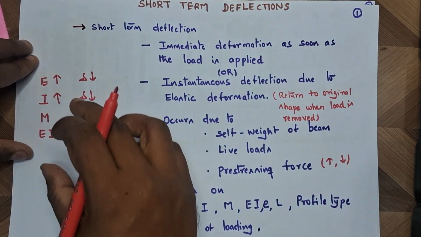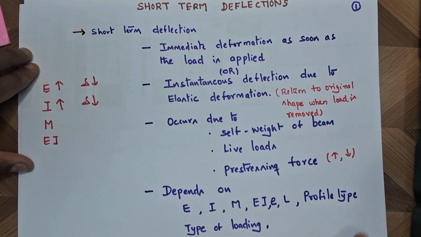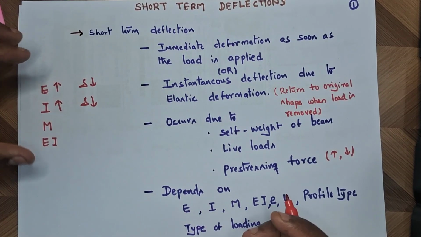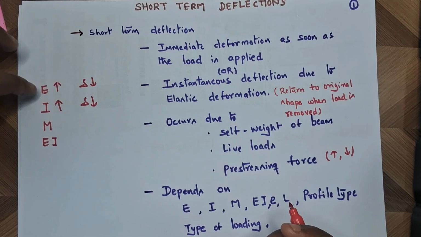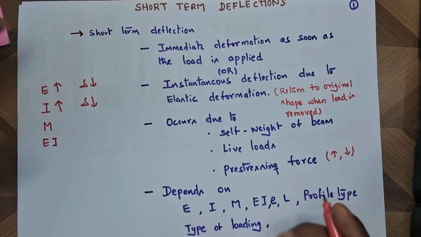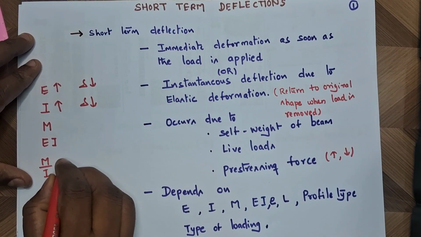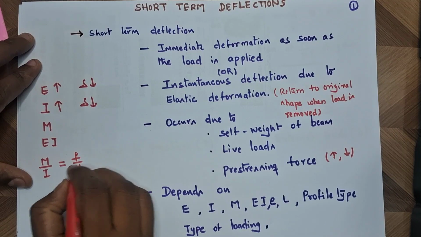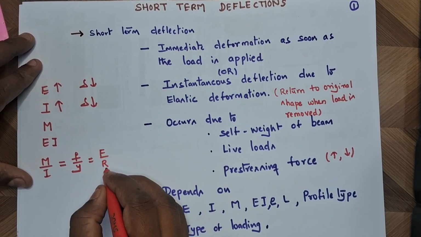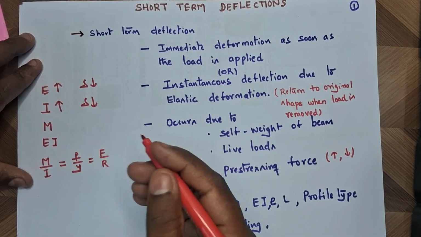Generally, short-term deflection depends on E, I, M and flexural rigidity. How can we remember? See, we know this formula, right? M by I is equal to F by Y is equal to E by R. Generally, deflection may have some radius of curvature.